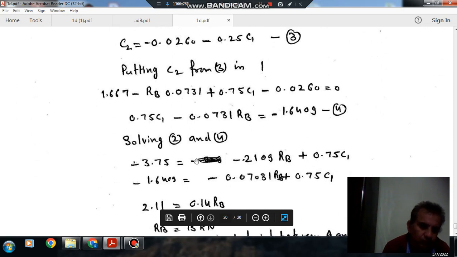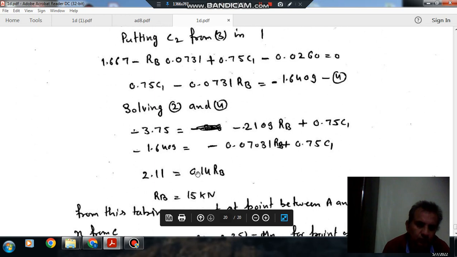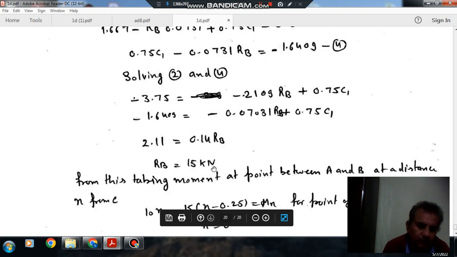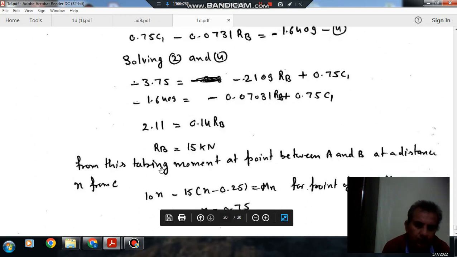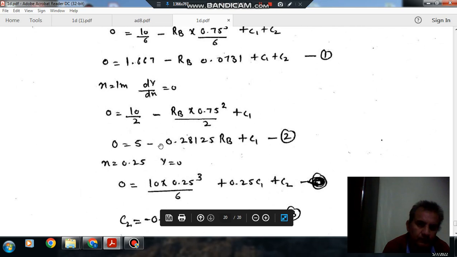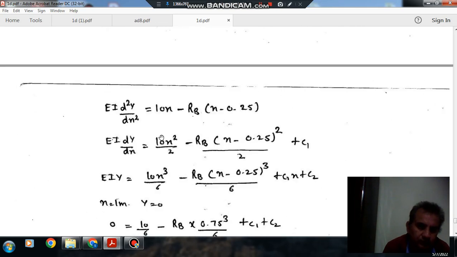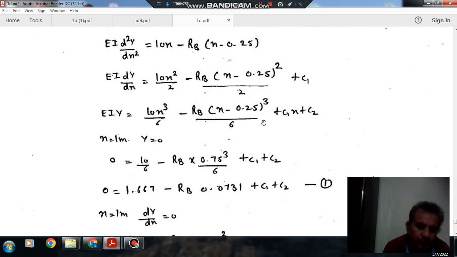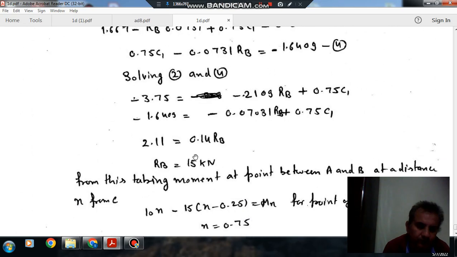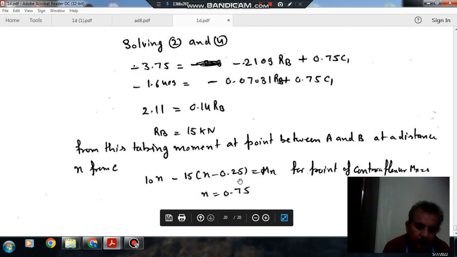Now we have two equations in two variables, so we can solve them. RB comes out as 15 kilonewton. Now taking the equation of moment, putting the value of RB and finding the point of contraflexure, that is 0.75.